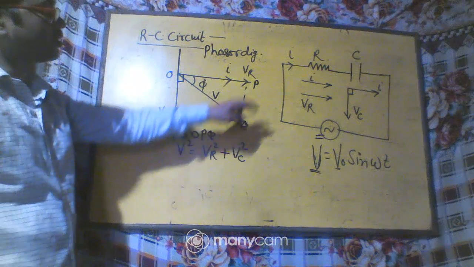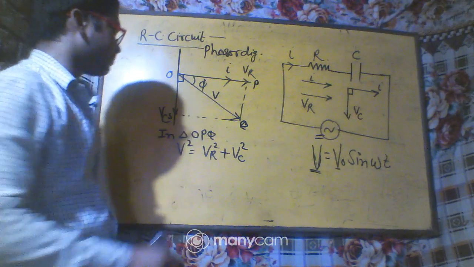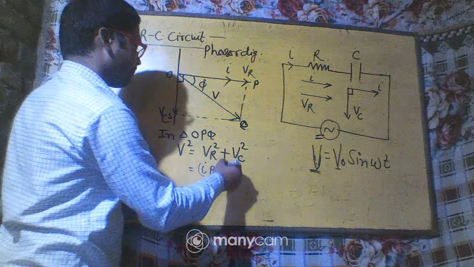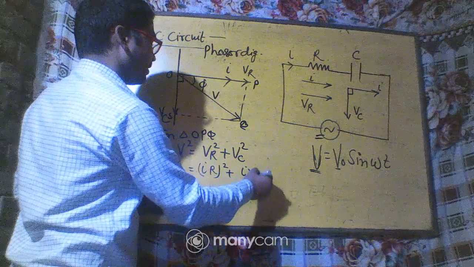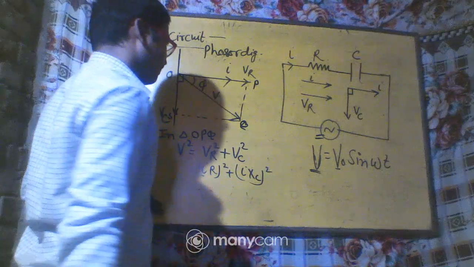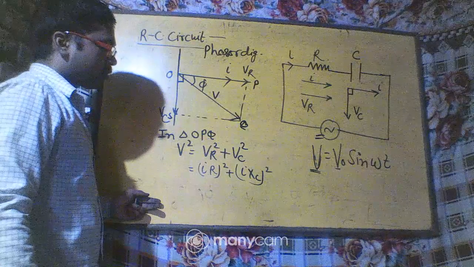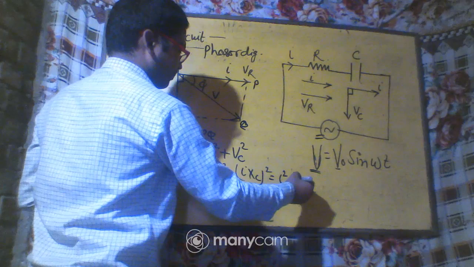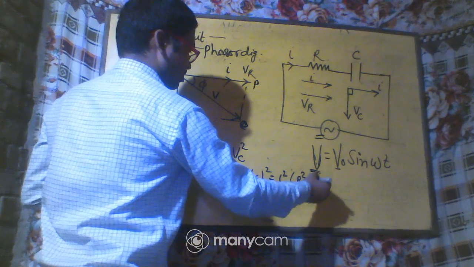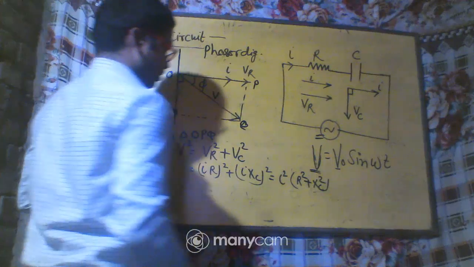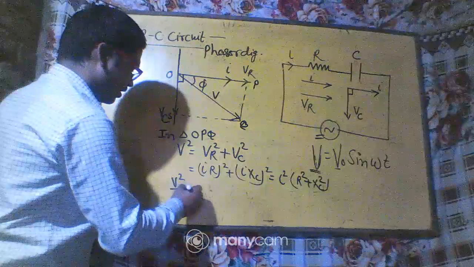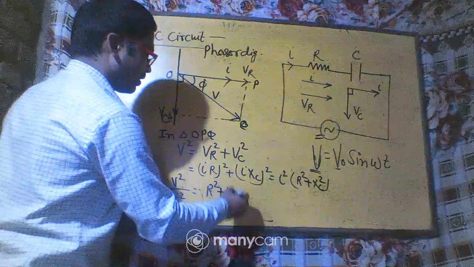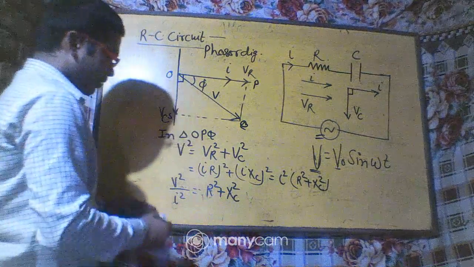Okay, now since the current in both elements, that is R and C, is the same, you can write this one as I into R whole square and this one as I into XC whole square. Now you can take I square as common, so I square times R square plus XC square. So you can write here V square upon I square is equal to R square plus XC square.